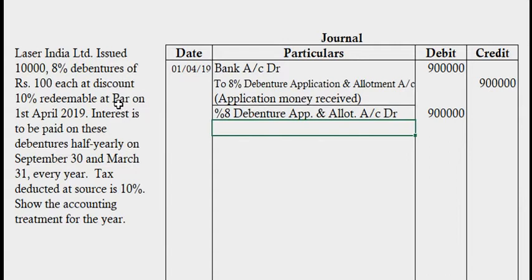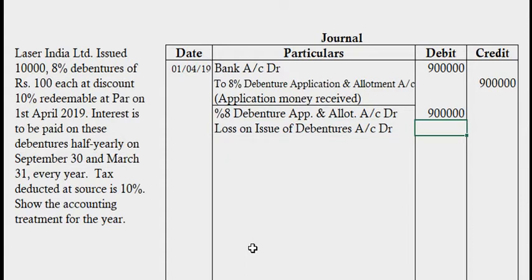Then we know there is a discount of 10%. That discount will be a loss for this company and the loss is to be debited. Loss on issue of debentures account.